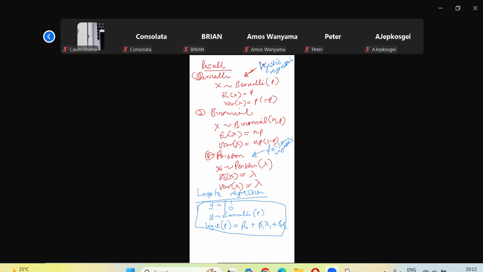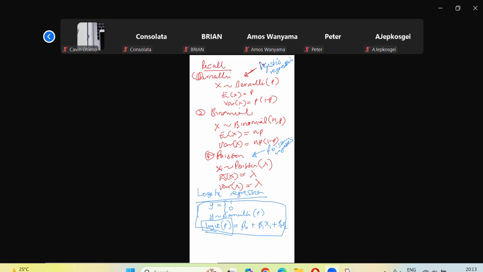So in logistic regression, what is on the left-hand side is not y. It is the logit of p. I'll explain what logit is. Logit is just a function like log, square root, whatever.